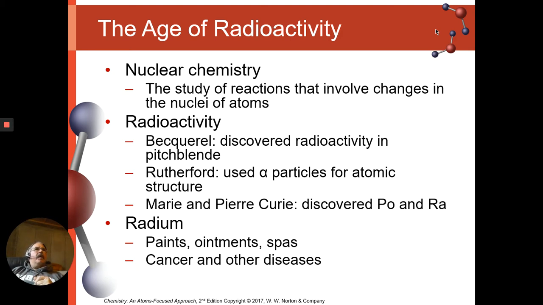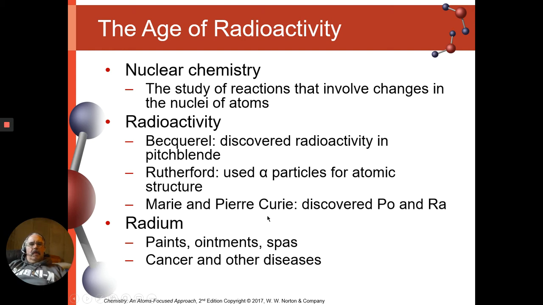Well, it turned out that Paris had several weeks of cloudy, rainy weather, and so he suspended his experiments for a while and put this sample in a desk drawer wrapped in paper, and he happened to put it next to a photographic plate. Several weeks later, he decided to go ahead and develop the plate, and discovered that the pitchblende had actually exposed the plate, even though it hadn't been exposed to the sun.